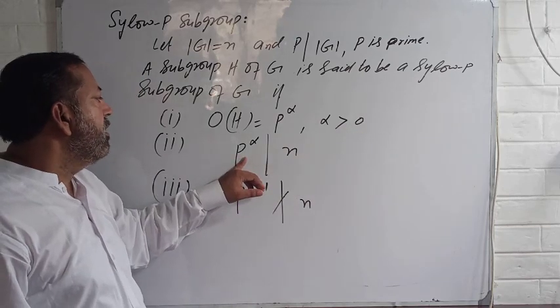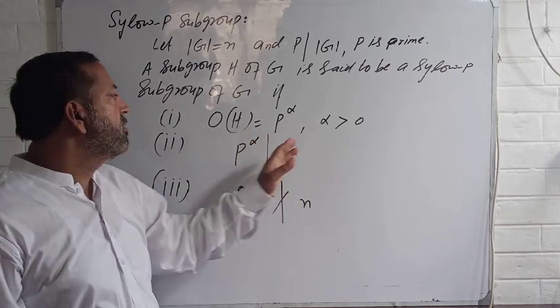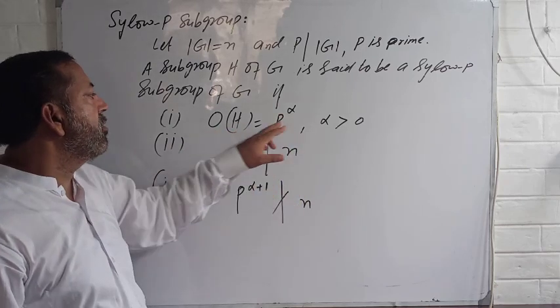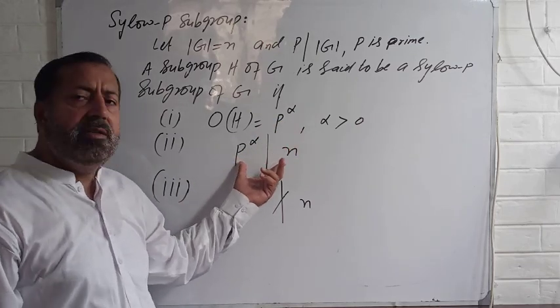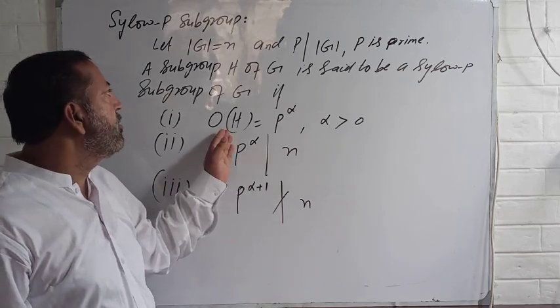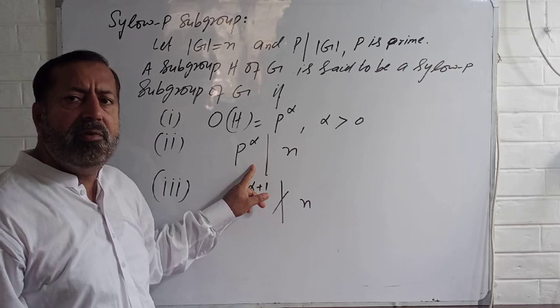And secondly, P power alpha divides n. This is a trivial condition. Of course, if order of H is equal to P power alpha, then by Lagrange Theorem, it is very easy to see that order of H divides order of G. So this condition is trivial if you write it or not.